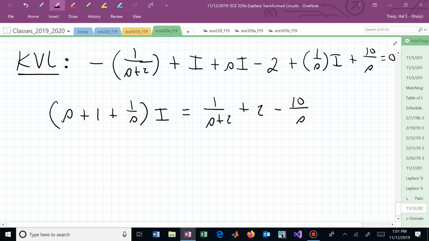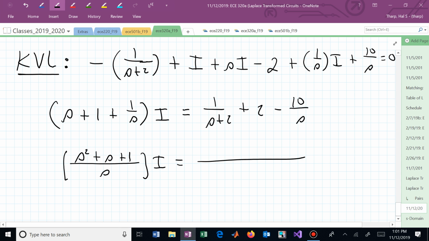I can put this over a common denominator of S, leaving me in the numerator with S squared plus S plus 1. And if I get a common denominator over here, I end up with that expression.